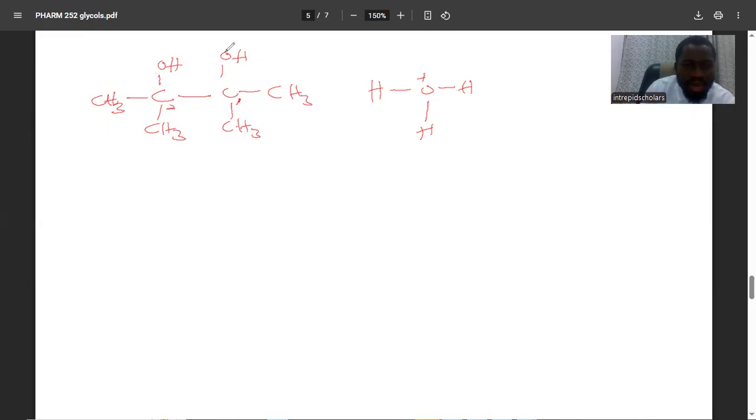Now what will happen is that the oxygen here, the lone pairs will come and attack the hydrogen here, and the bond here will break onto the oxygen here. So my side product formed will be water. Water will be my side product, and then this whole compound, the pinacol here, will be protonated.